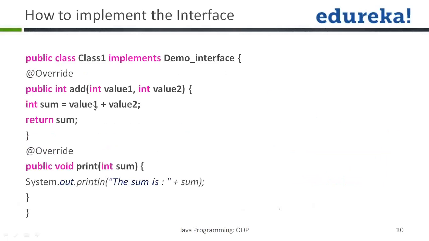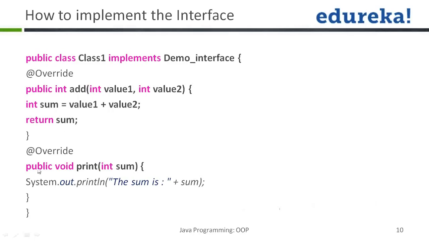Now, Mohsin, I come to your question, that is how to implement an interface in your class. You write the implements keyword, you write demo_interface, the interface you created in the last slide. Within that, you have to implement all those abstract methods that were present in the interface, like add and print. You provided the definition in the add function like int sum = value1 + value2 and return sum.